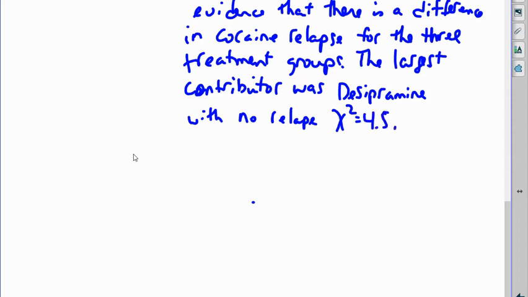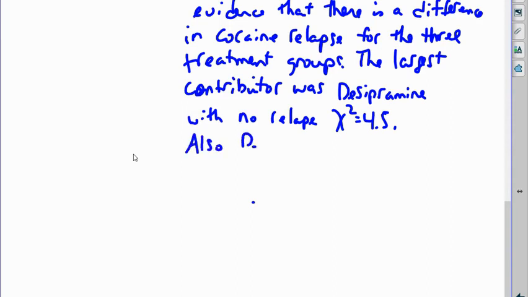And I mean, those other two groups being kind of involved in this process of rejecting, maybe I would mention those two, that also the desipramine relapse was lower than what you expected. But also, strangely enough, the placebo with no relapse also had a chi-squared of 2. So that was kind of interesting as well.